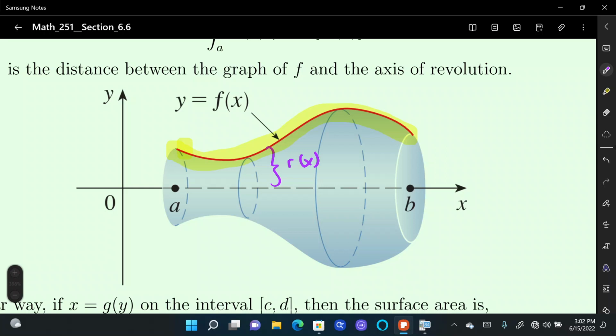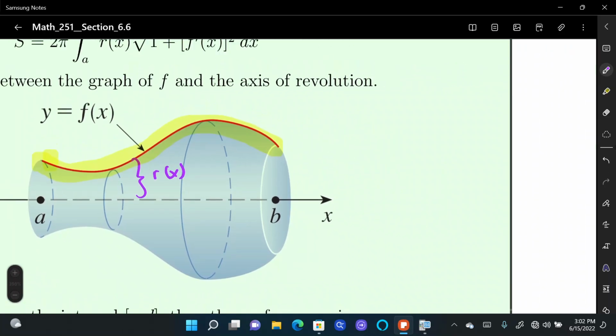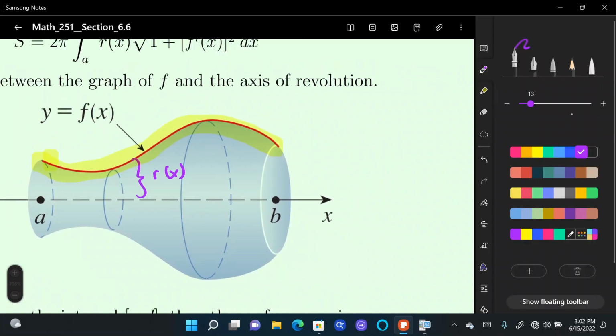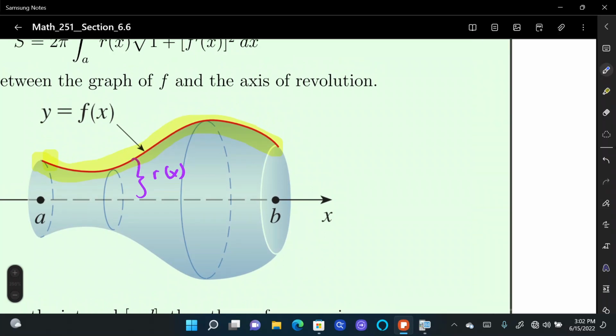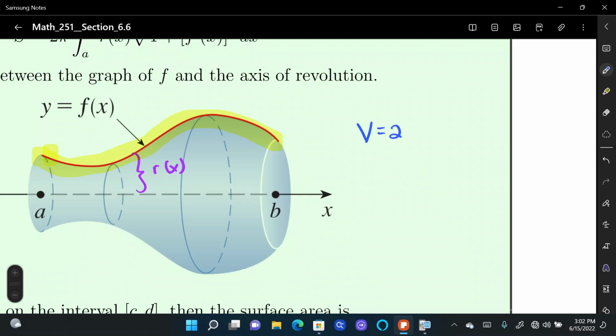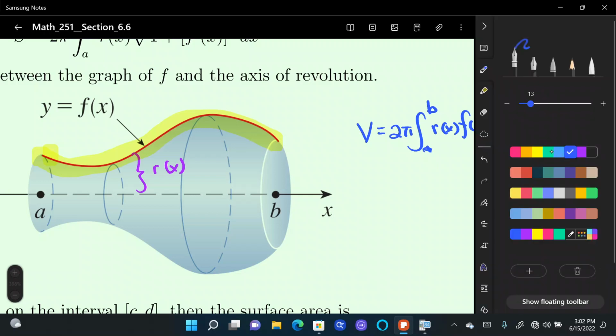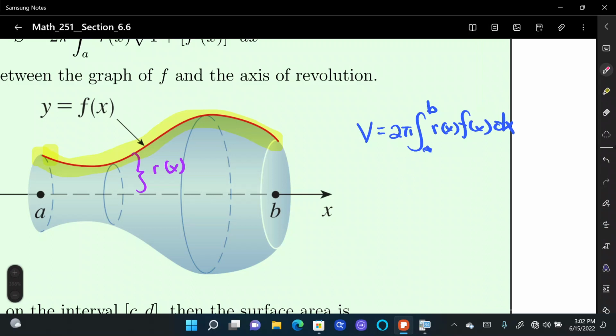All right, and as an analogy, let me write down the shell method for the volume. For the shell method, the most general case was the volume equals 2 pi integral from a to b of r of x f of x dx, where, from the candy point of view, r of x is the number of flavors.